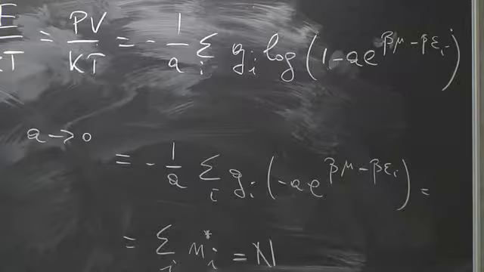Okay, now this derivation is a bit complicated, partly because we have approximated the entropy by just taking the most probable term.